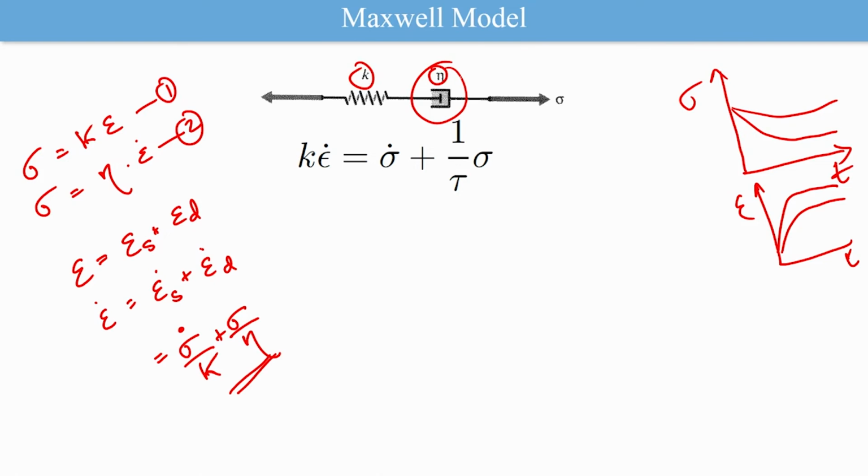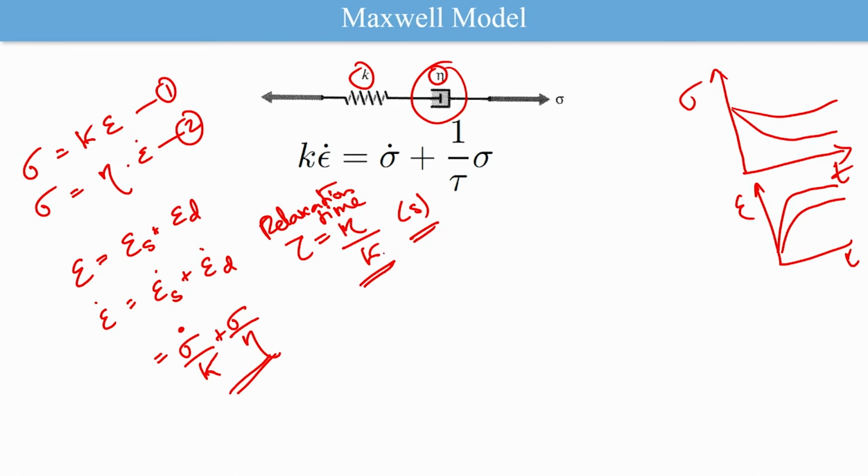Now, to better give an idea about the stiffness as well as the viscosity of this model, there is a parameter known as relaxation time. Tau is given by eta by k, which has the same unit as time, maybe seconds or minutes, depending on the unit you take for viscosity as well as stiffness.